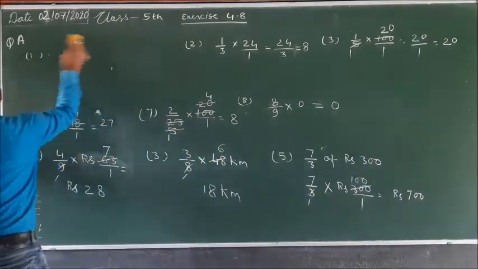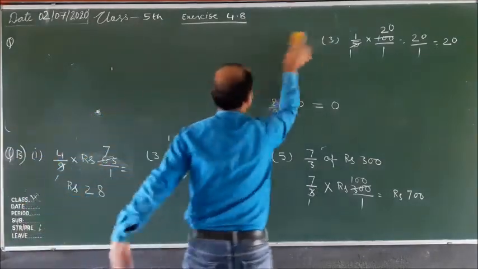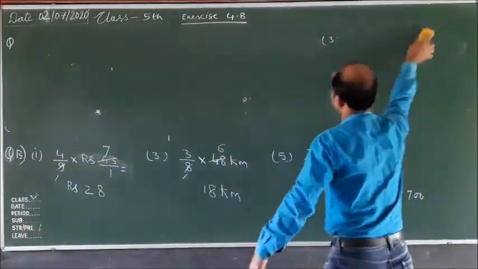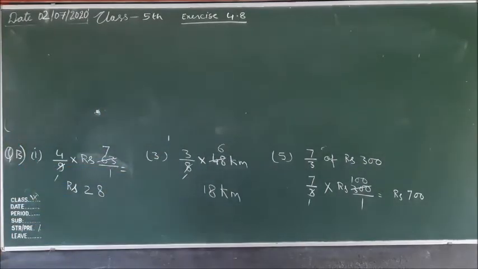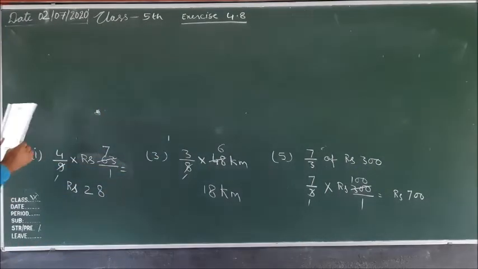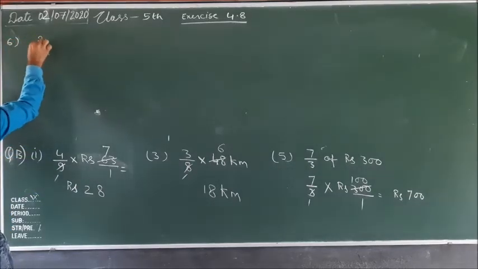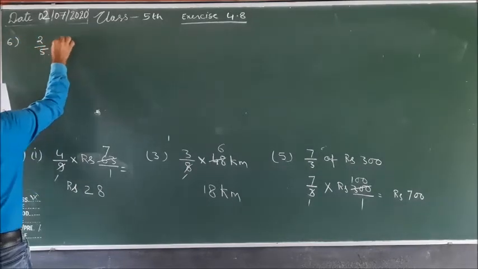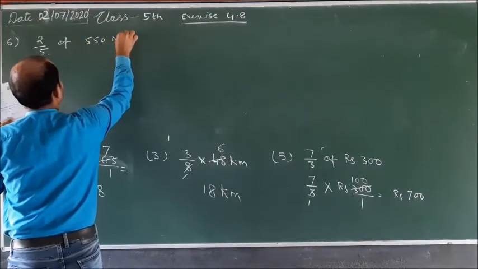Now the next question. Now the question after sixth question, 2 upon 5 of 550 milliliter.